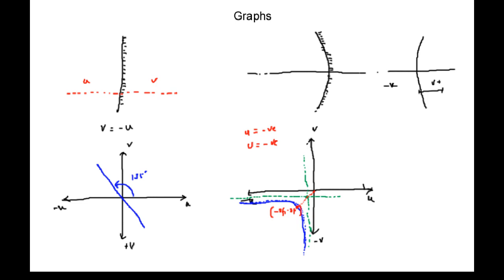Let me use a separate color to identify this. It is blue. So this is the rectangular hyperbola u versus v graph for convex mirror. Understand? So if I draw the asymptote, it will pass somewhere here.